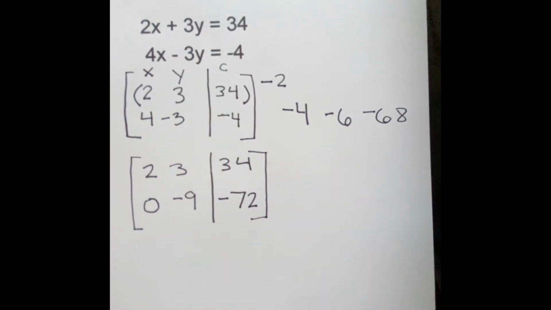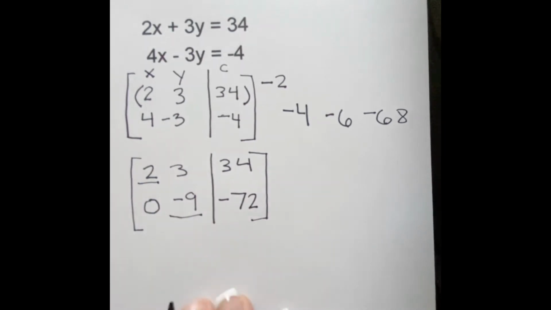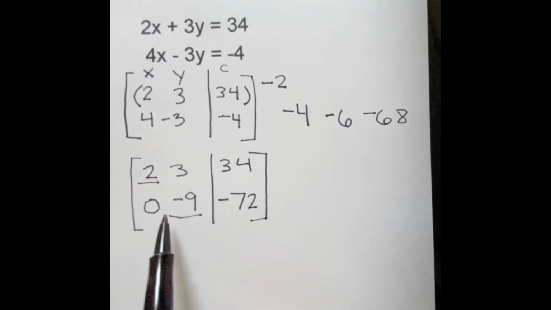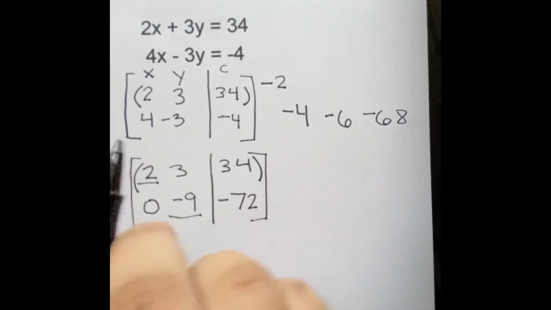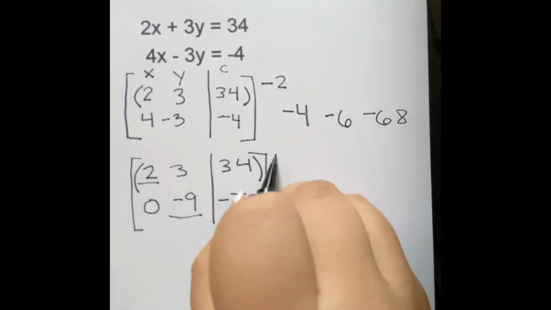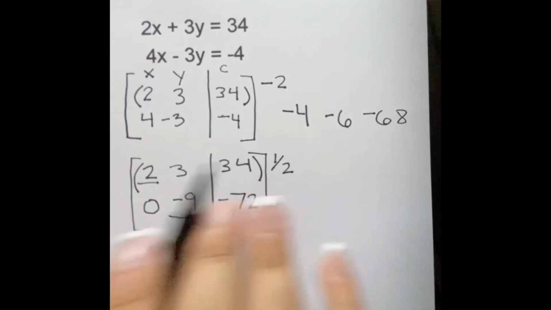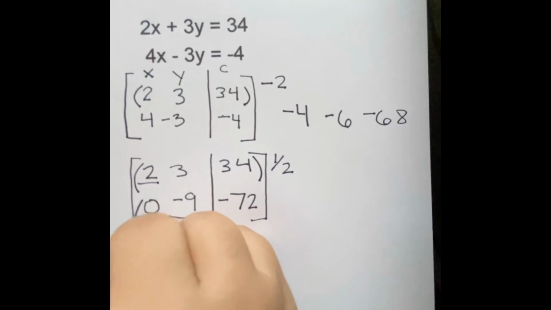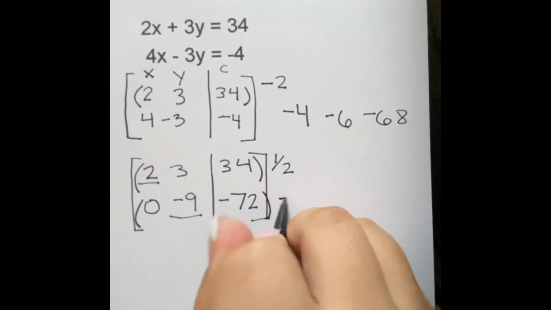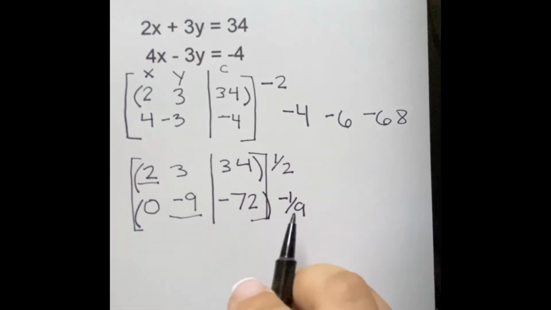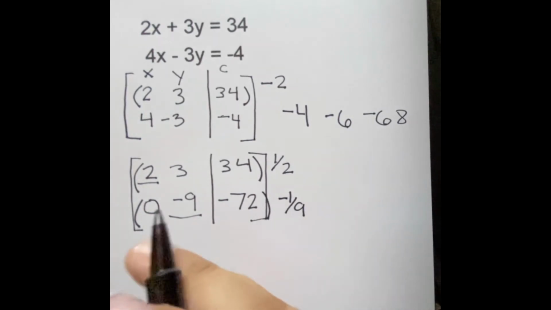Now what we need to do is create a 1 from this value and a 1 from this value. The way we can do this is multiplying both of these by their reciprocal. So we're going to multiply the top values by 1/2, because 1/2 times 2 is 1. And we're going to multiply the bottom by negative 1/9, because negative 1/9 times negative 9 will give us 1.